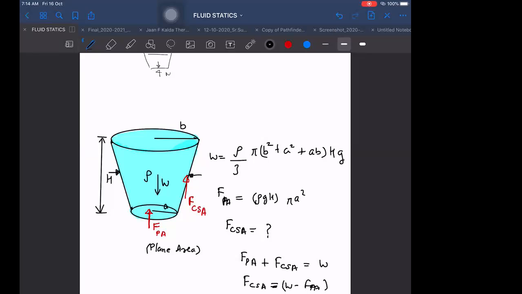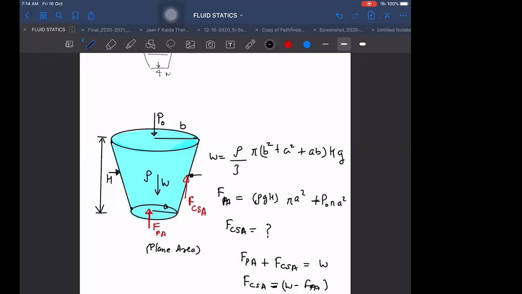One more thing I could do: if I want to take P naught into account, and you will see in the options that P naught is also taken into account, then in PA also I have to take P naught into account. Then in PA it will become P naught into pi A square.